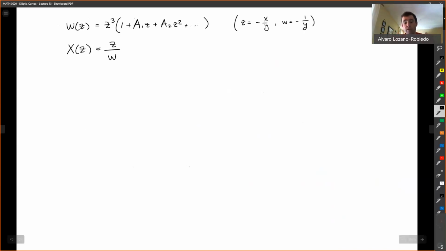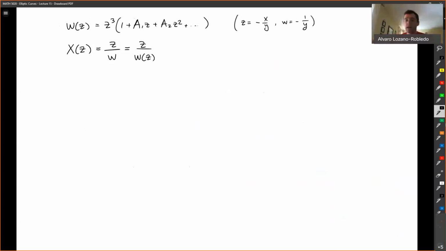So I can retrieve what is x. X is going to be Z over W. And when I retrieve Z over W, I know that my W is a power series in Z, so I can retrieve it just from the Z coordinate.